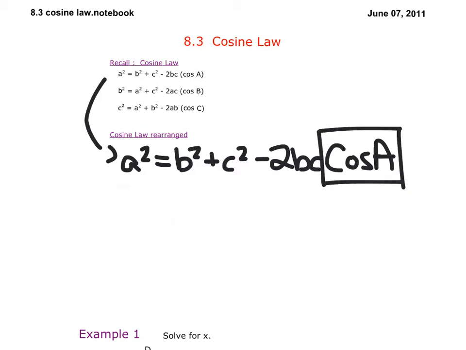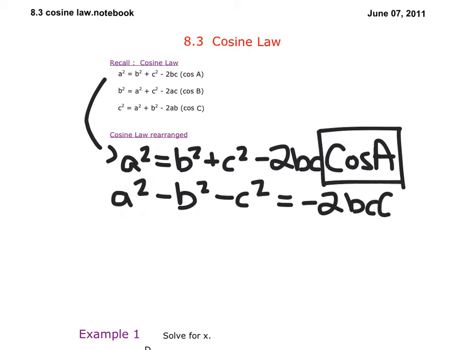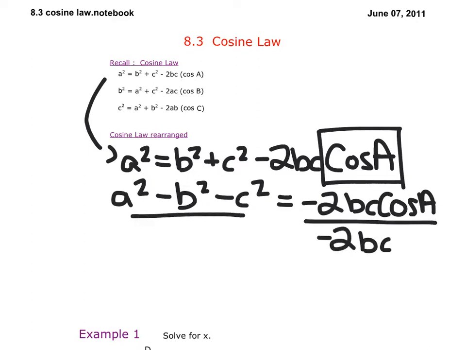And we're going to rearrange to solve for cos A, essentially. Okay, so I'm going to move the b squared and the c squared to the other side of the equation. So they become negative as they move to the other side. I'd be left with negative 2bc cos A. As you've been doing, negative 2bc cos A is a factor of multiplication, so we're going to divide out negative 2bc to the other side of the equation.